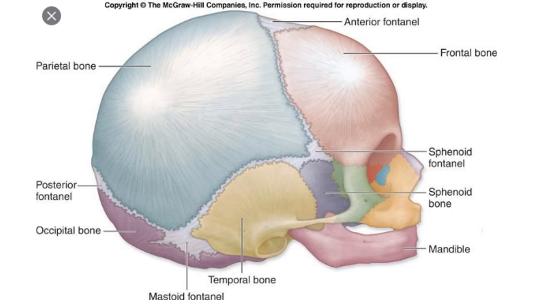Now, in the case of the skull, what are the types of the cranial bones covering the brain? The answer is that mostly they are flat, thin bones. Now, what is their starting point? Is it a cartilage or a membrane? The answer is a fibrous membrane.